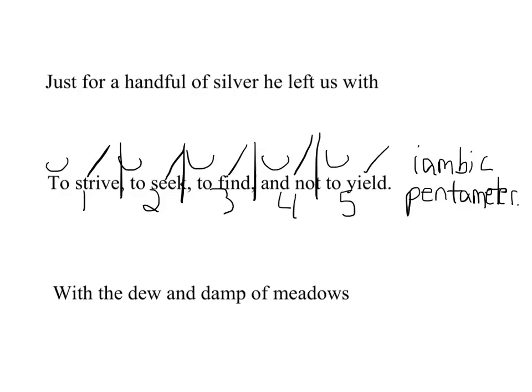We'll jump down to the bottom one with the dew and damp of meadows. Dew, damp. The is a weak word, and's a weak word, of is a pretty weak word. Meadows, meadows, meadows, with, doot, doot, doot.